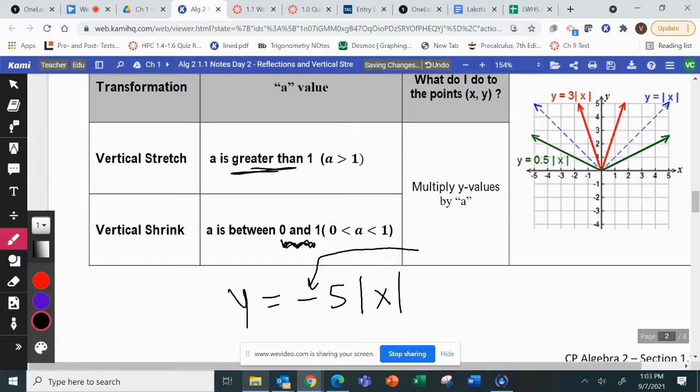Ryan, sorry. The negative is a reflection in the x-axis. Remember we talked about that today already? Yeah. And then the 5 would be the a value, I'm sorry. So the 5 would stretch it. The negative sign would flip it. These are two different transformations. So instead of thinking of them together like -5, it's a negative and a 5. Okay?